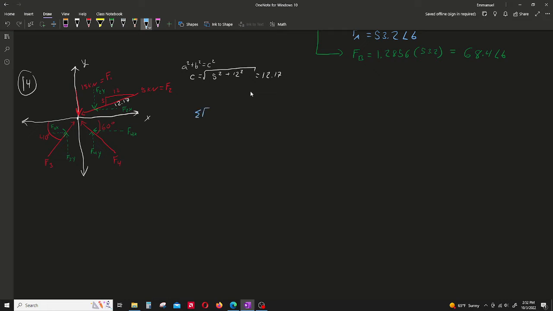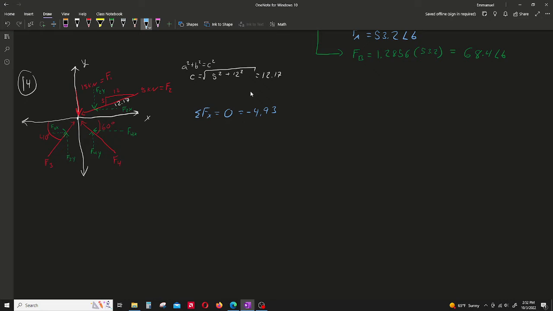The sum of all the forces in the X direction is going to be equal to 0 to keep in equilibrium. These are going to be negative 4.93, which is F2 in the X direction. What's it called, cosine or sine? Well, no, because we don't have an angle.